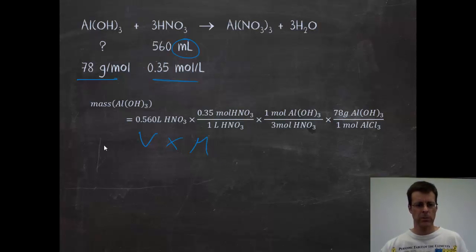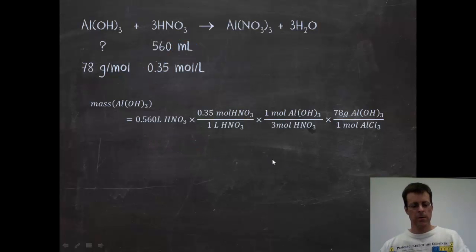Okay, so number of moles is, I usually write the molar concentration first, but it doesn't really matter. That followed by the ratio, and the ratio of course comes from the balanced chemical equation. So 1 aluminum hydroxide, 3 nitric acid, or HNO3, and then followed by using the molar mass. And what I get out of that is 5.1 grams.